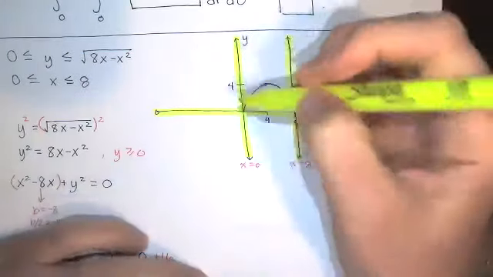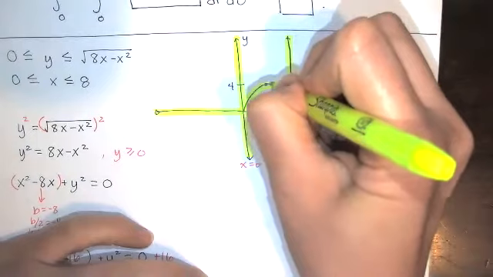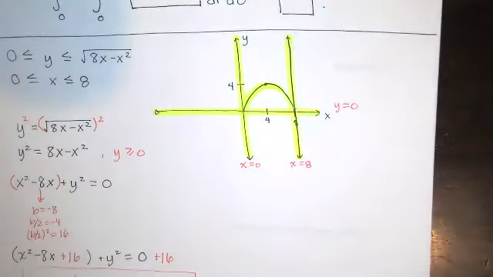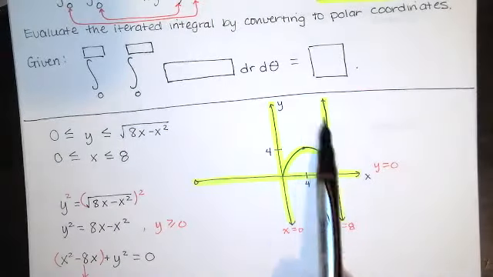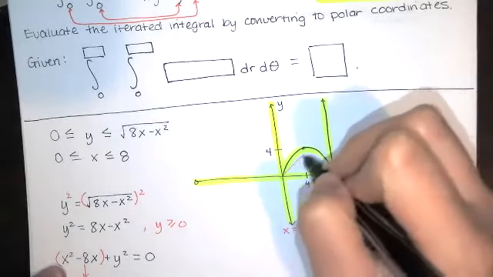So that is our fourth boundary. And I think we can all see from that that the region bounded by this line, this line, this line, and this curve is this region right here.